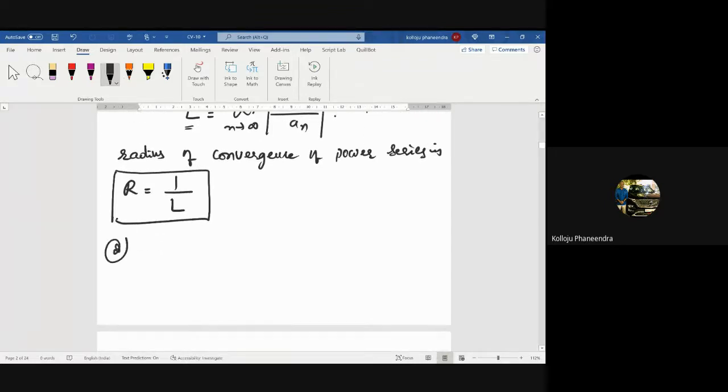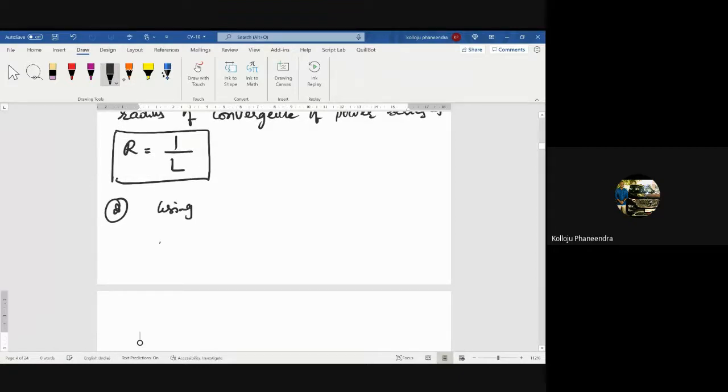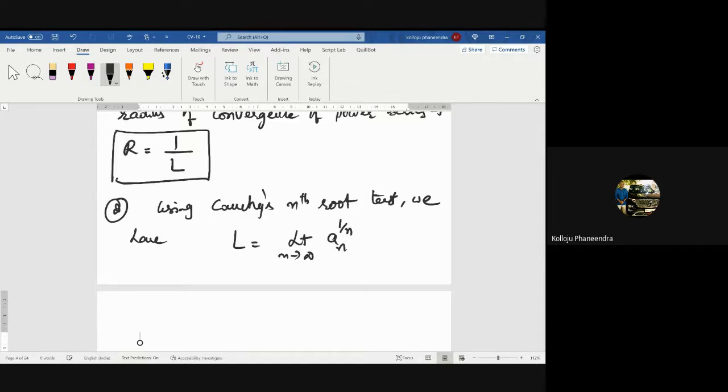Another one: we can find the limit value using Cauchy's nth root test also. This L value is limit n tends to infinity of mod an to the power of 1 by n.